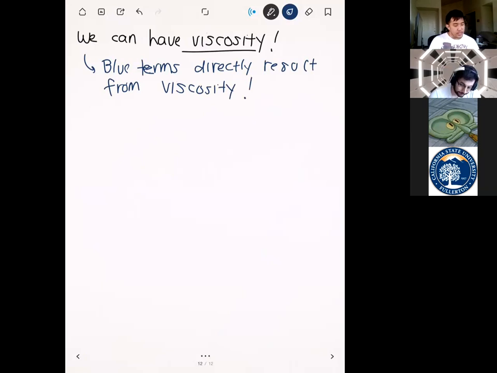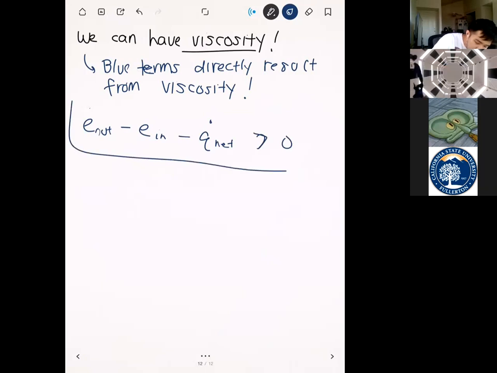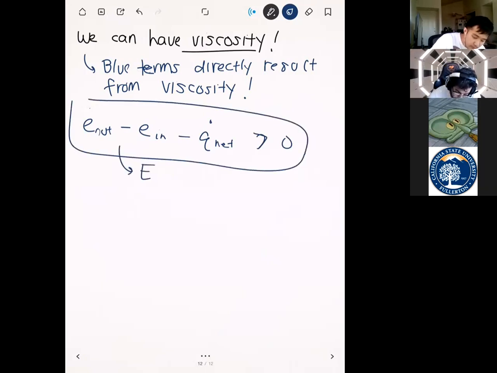And so if we ignore basically everything in the green on the previous page, we're left with the following expression. We have E out minus E in, sorry, there's no dot, minus Q dot net has to be greater than 0. Okay. And this is the effect of viscosity.